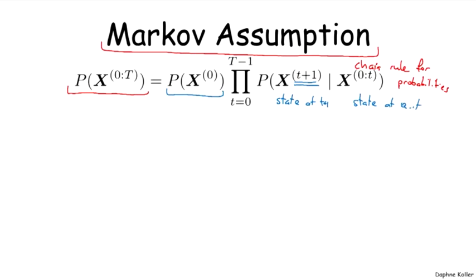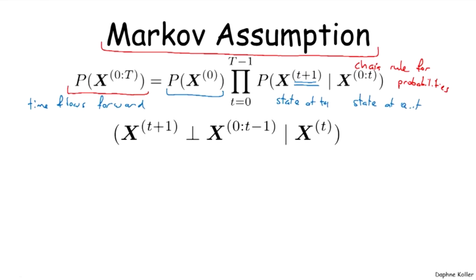So this is not in any way an assumption. This is just a way of re-expressing this probability distribution in the way that time flows forward. But it's not an assumption. You can represent any probability distribution over these random variables in this way.